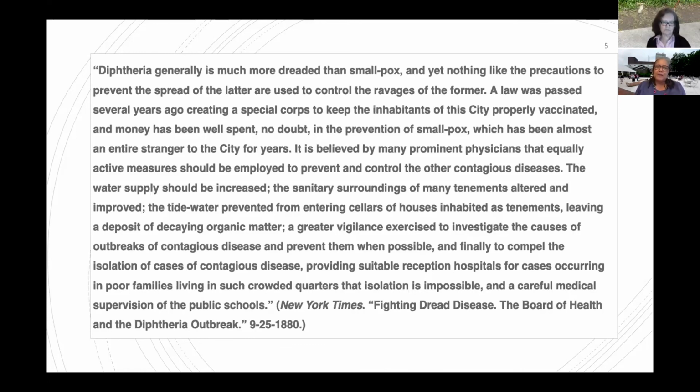And they talked about the need to have clean water supplies, to clean up the surroundings of many tenement buildings here in New York City, the ways in which those are in low-lying areas where there would be floods from the rivers, and they were entering the houses, especially the tenement houses. People lived in those apartments.